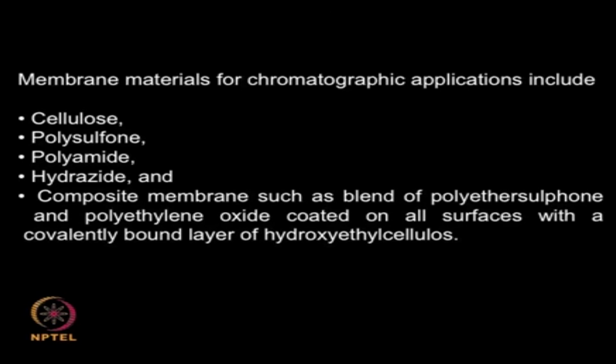So what type of membranes can we use? Cellulose based material, polysulfone based material, polyamide based material, hydrocide. We can also have composite membranes, such as blends of polyether sulfone, polyethylene oxide coated on all surfaces with covalently bound layer of hydroxyethyl cellulose. So we can have different types of membrane surfaces: polymeric, natural materials, hydrophilic, as well as hydrophobic.